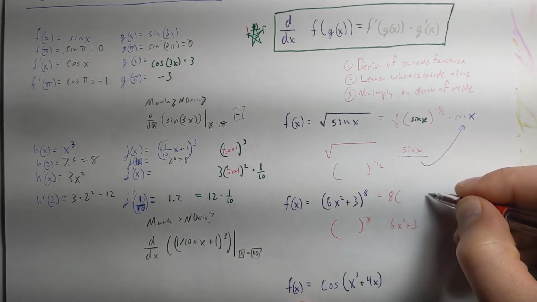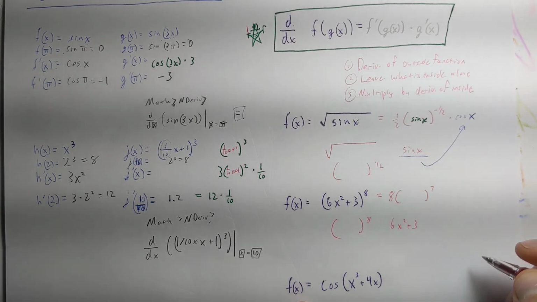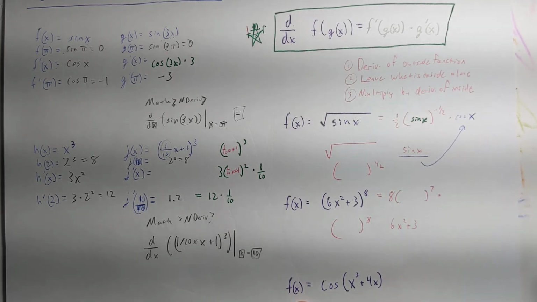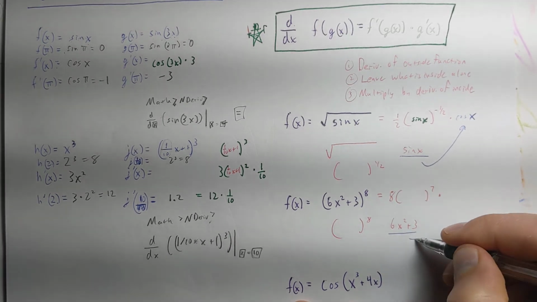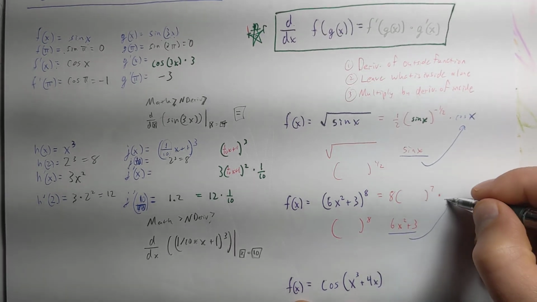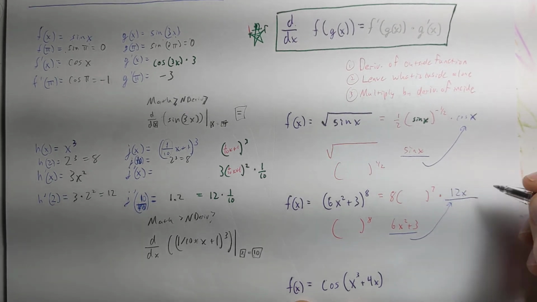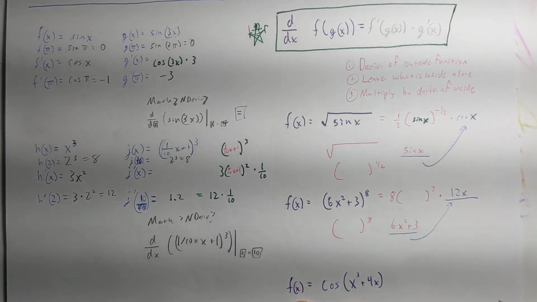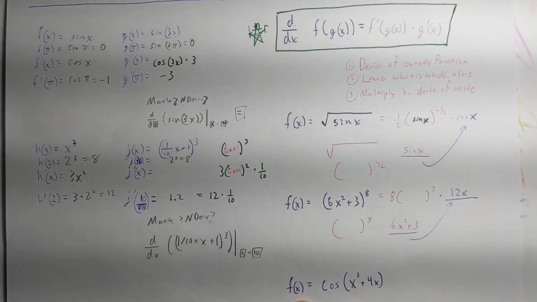It's 8 something to the 7th times, I'm going to take the derivative of the inside now. The derivative of the inside is 12x. And we'll leave this inside stuff here, right there.